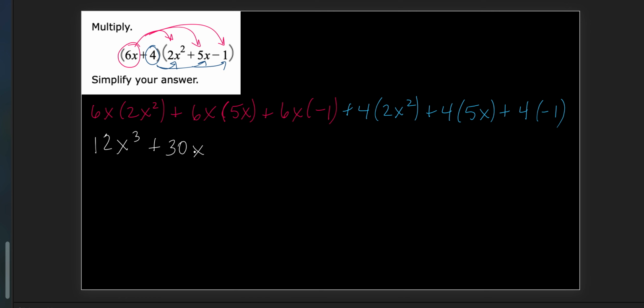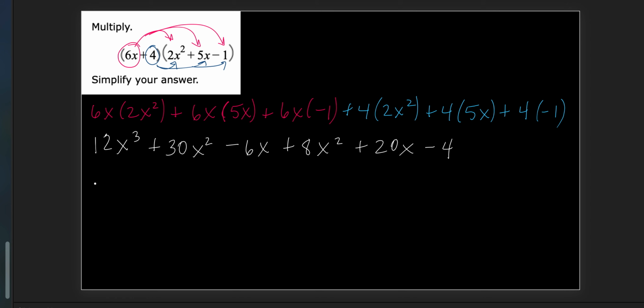X times x is x squared. Then you have positive times negative, which is a negative 6x. Then we have 4 times 2x squared, that's just a positive 8x squared. And then 4 times 5x is positive 20x. And then 4 times negative 1 is negative 4.